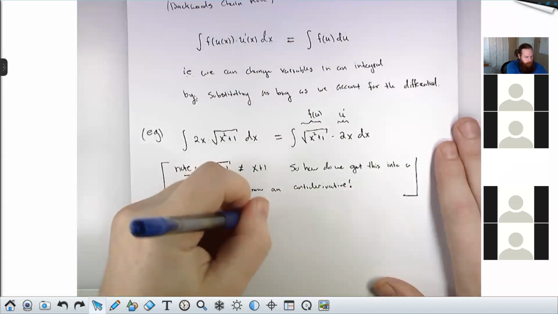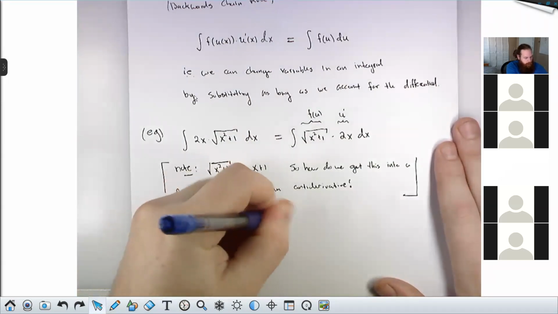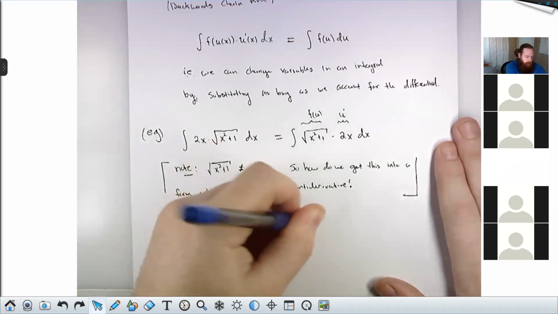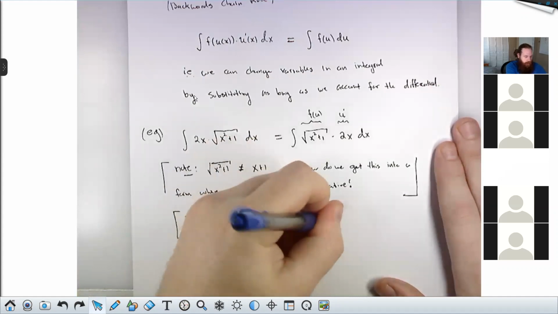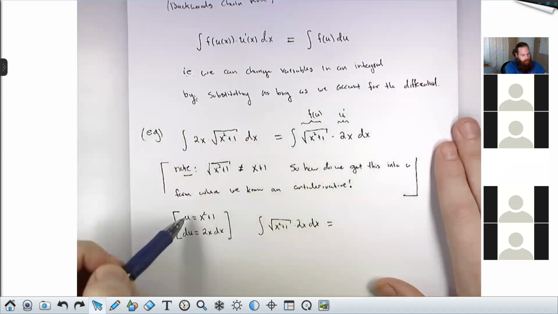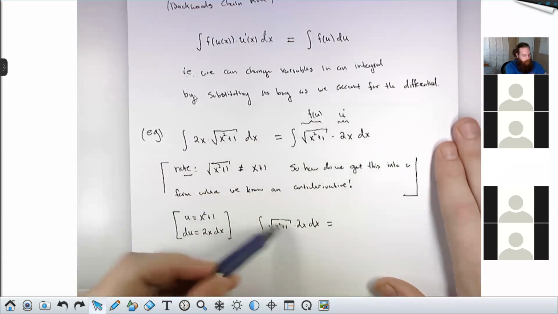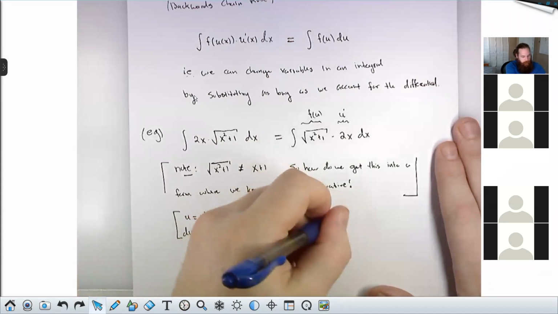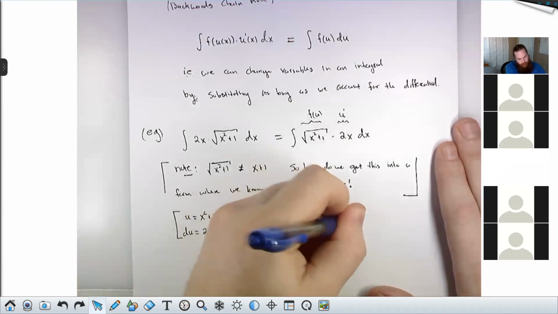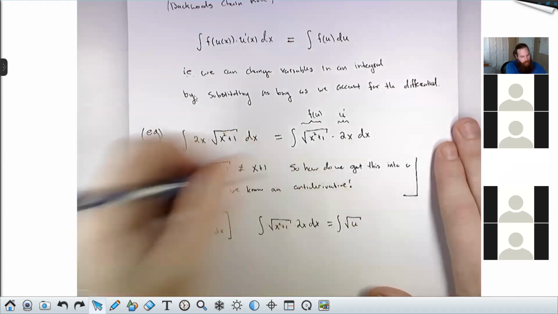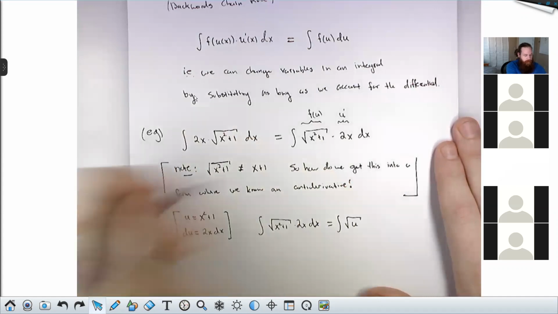Under this substitution, my integral, the integral of the square root of x squared plus 1 times 2x dx, is now going to be the square root of u, because x squared plus 1 is u. And 2x dx, that's exactly du.